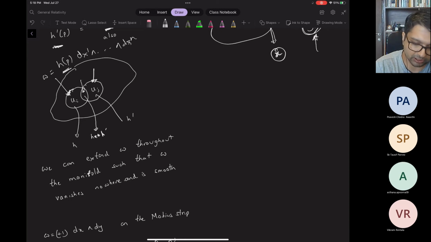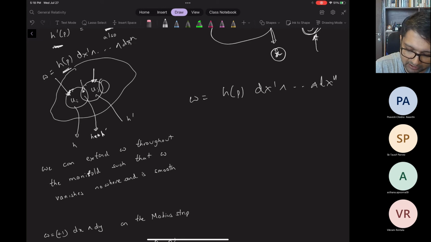By doing this, you can go on hopping between coordinate patches and extending your omega over the entire space. You can always do it in such a way that in every patch, you choose your coordinate systems so that it can be written like this, where this function is strictly positive.